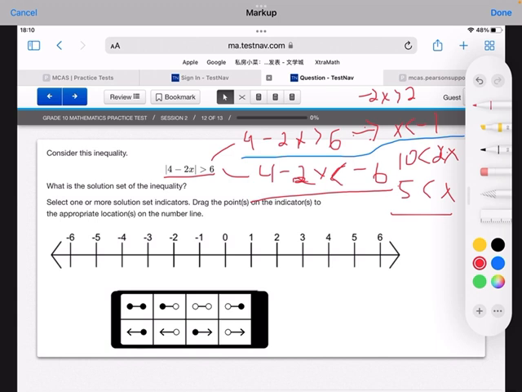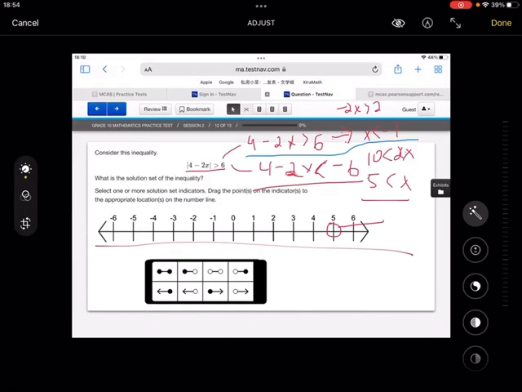Does that work? 4 minus 12. Yes, 6 works. 5. Does that work? Oh, that equals 6. That's probably where a dot is, right? And it probably goes this way. So you can kind of see with this whole number line, if you were really desperate, just plug all the numbers in, figure out which ones work, and then do it. So that's an option. Not ideal, but doable.